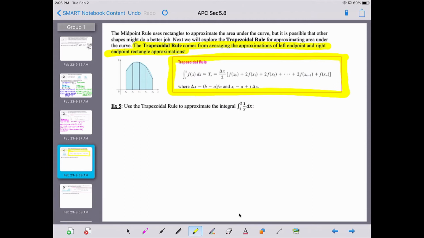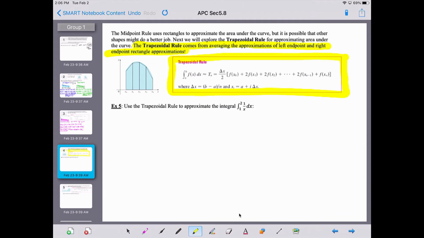And so there's a pattern here. F of x0 has a coefficient of 1 in front of it. And then notice that all of the values in between have a coefficient of 2 except for the last value in the series, which has a coefficient of 1. And it tells you where delta x is, again, your b minus a divided by n, right? And then your x sub i is your a plus your i times your change in x, which basically is just how you divide your interval up, where your heights are located, okay?